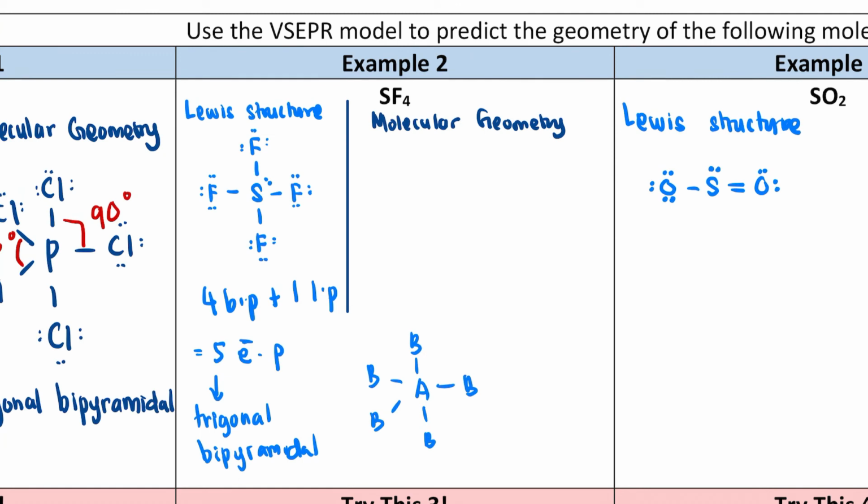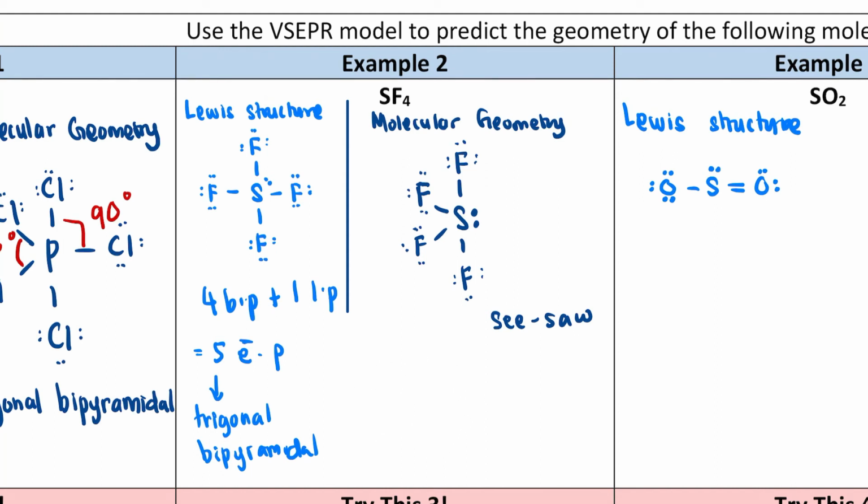Okay, so kita draw the shape sulfur F ada 4. Okay, bukakan dia dekat tepi ni. And this one dah jadi lone pair. Okay, so that is SF4. And the name of this shape here, okay, shape ni nama dia adalah seesaw.